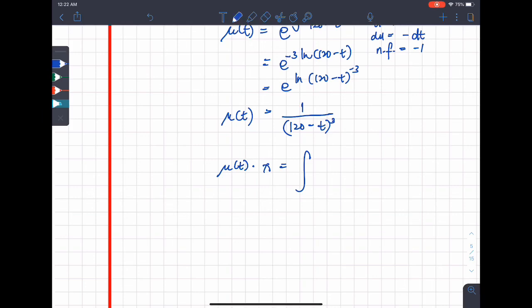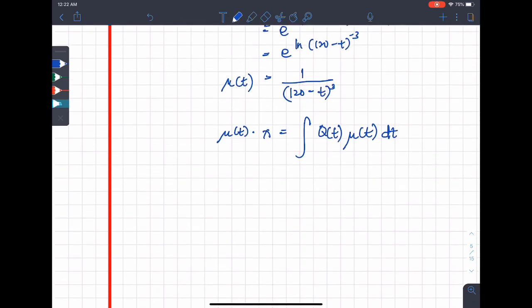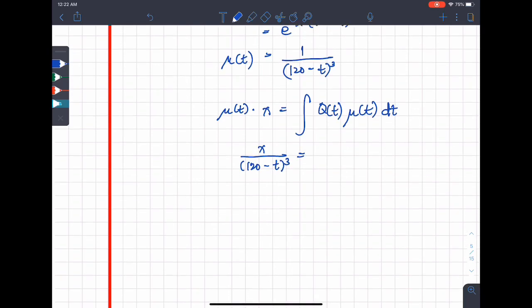Let me write the formula: Q(t) mu(t) dt. So mu(t) times x would be x over (120 minus t) raised to 3, equal to Q(t), which is 3, and then our mu(t), which is 1 over (120 minus t) raised to 3, dt.